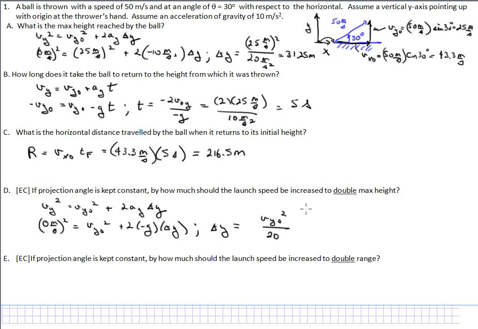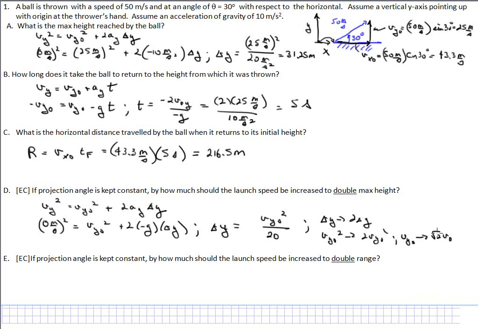Minus signs cancel out. And so clearly, if I want delta y to go to 2 delta y, then I want Vy naught squared to go to 2 Vy naught squared, which means I need Vy naught to go to the square root of 2 times Vy naught.